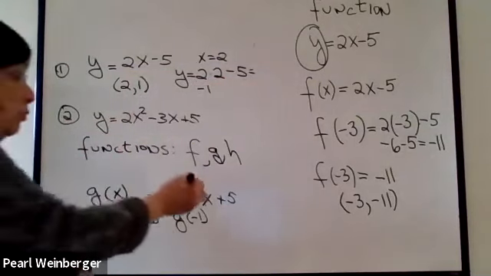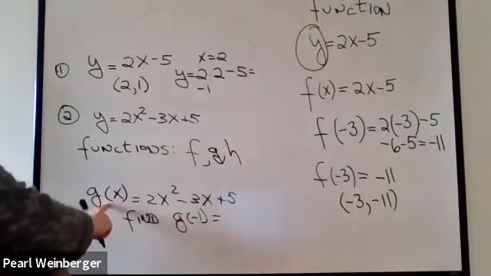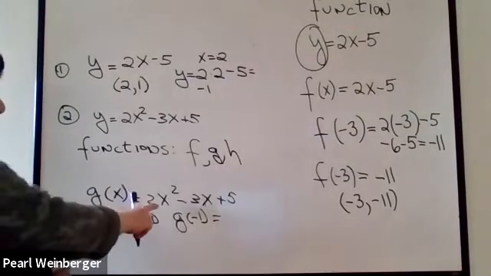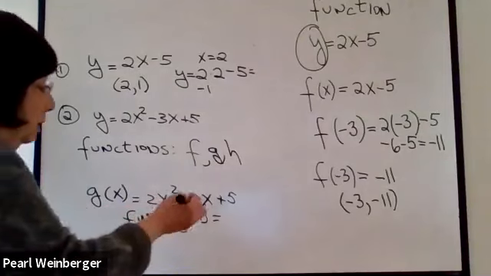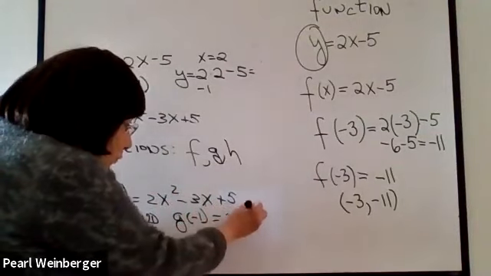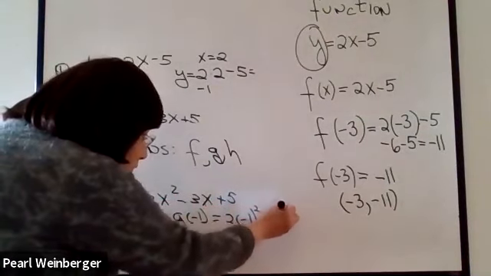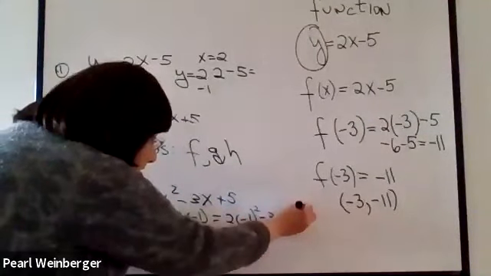G of -1 means go to the equation that's labeled g of x, and wherever I have an x, put a -1. So that'll be 2 times -1 squared minus 3 times -1 plus 5.